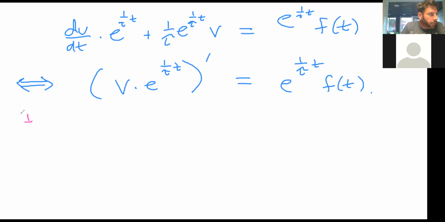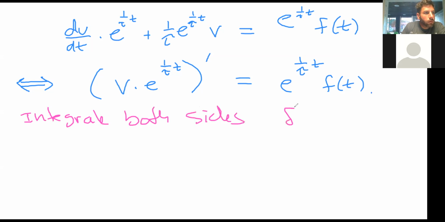I'm going to integrate both sides from 0 to, let's say, some capital T. Capital T is a variable, but it's a fixed one right now, while lowercase t is my variable.